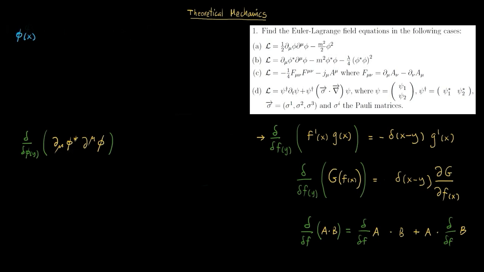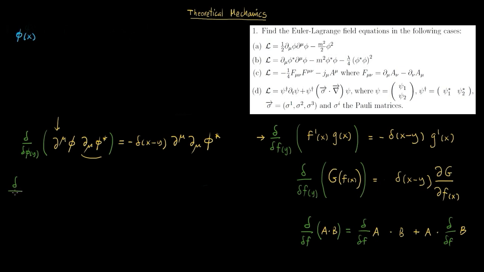So if you want, we can change the order because these objects commute in order to see more clearly what we are doing. So now, if we apply this rule, we will obtain minus delta of x minus y times the derivative of the second term. But the derivative in this case is partial mu, so partial mu acting on partial mu phi star.